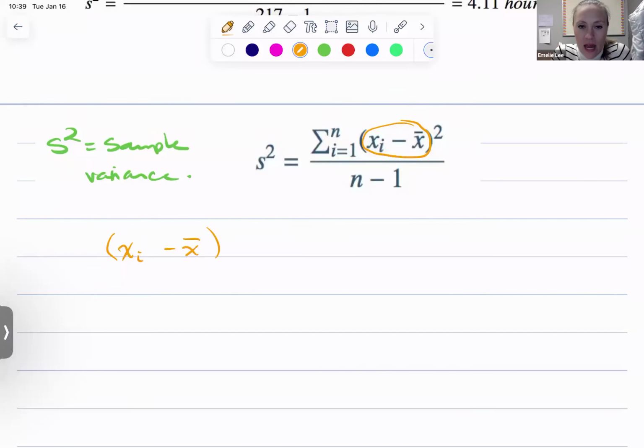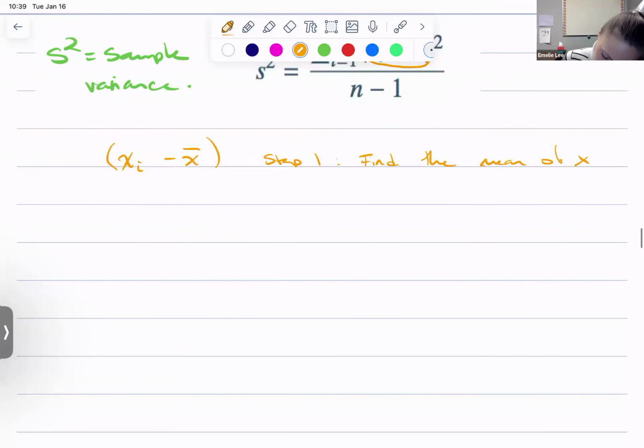So what this is saying is that from each value of x in your data set, subtract the mean. So the first step would be calculate the mean x bar, right? Step 1, find the mean of x, which is x bar.